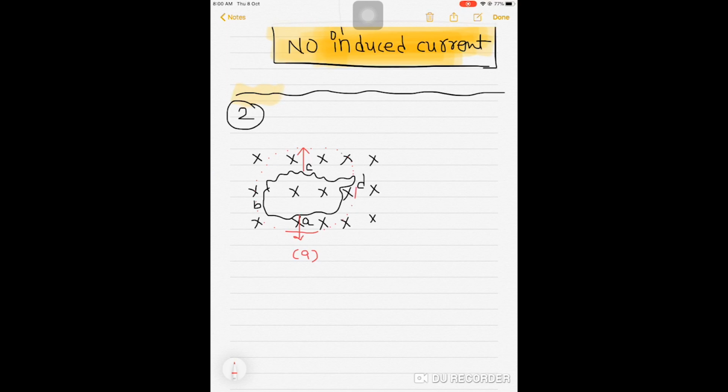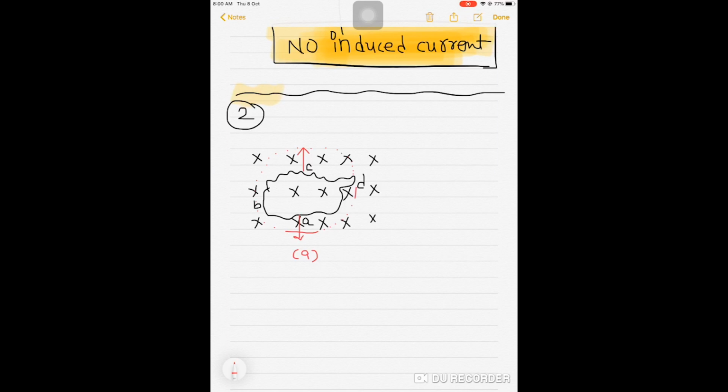As the loop changes from irregular to circular shape, its area increases. Hence the magnetic flux linked with it also increases. According to Lenz's law, the induced current should produce magnetic flux in the opposite direction of the original flux, and for this the induced current should flow in the anti-clockwise direction, that is the ADCB path.